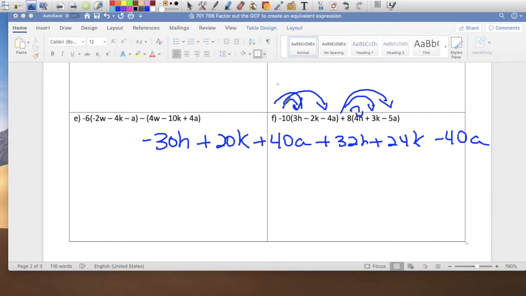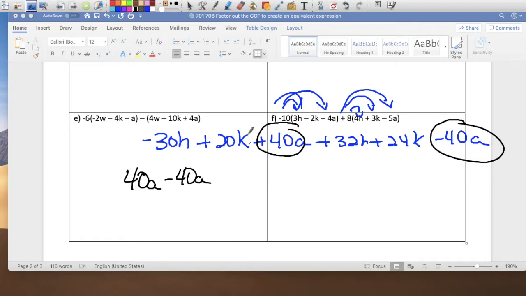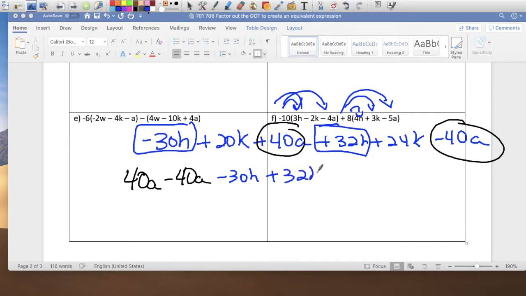It's inside my closet. So, I can combine these two. I'm going to combine the constants first. 48 minus 48. We already know that's going to equal 0, right? And then, actually, do the H. H and this. So, we get negative 30H plus 32H.